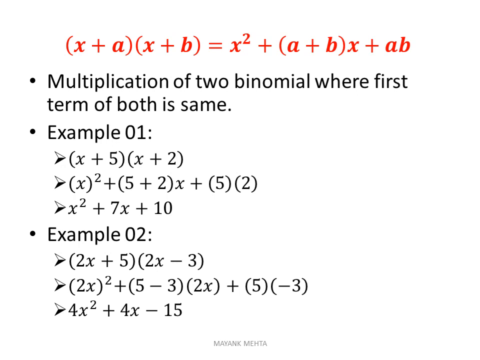The first term is 2x. And then the last multiplication of both the last terms, that means 5 into minus 3. You can see that I have taken minus 3. Wherever I have taken 3, I have put a minus sign along with it. So your simplified answer will be 4x square plus 4x minus 15.